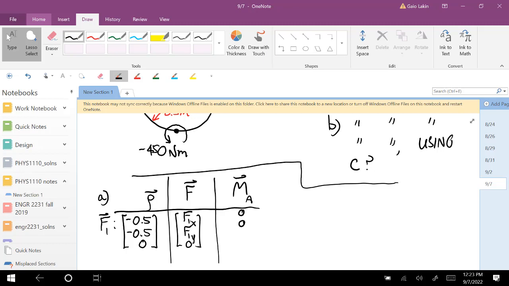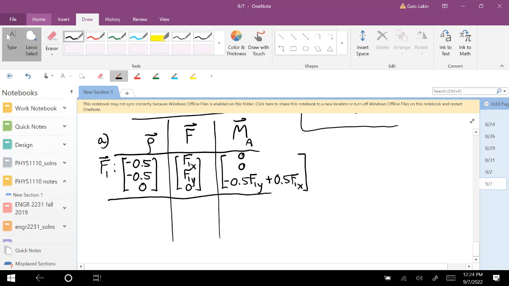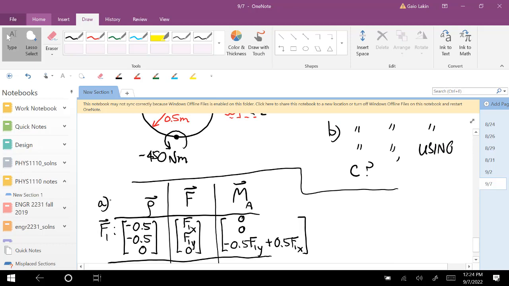Okay, so X component comes out to be 0. The Y component, cross out the Y components, something times 0, 0 times something, so that's 0. The only one that's non-zero is cross out this, negative 0.5 times F1Y minus negative 0.5 times F1X. Okay, with me on that one?